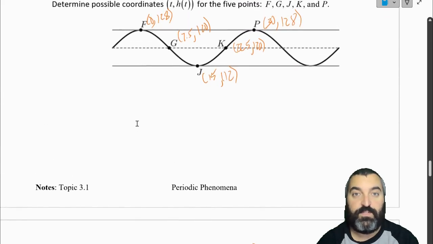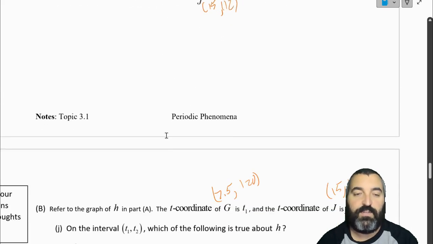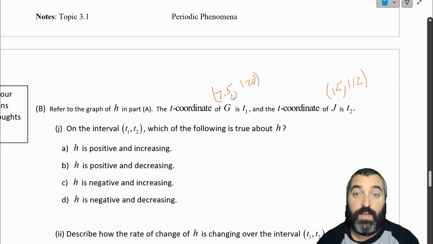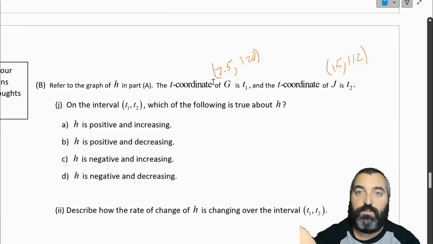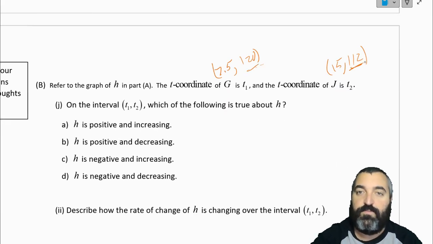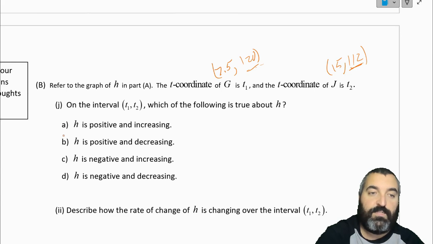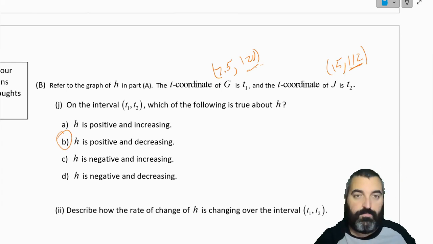And it stayed positive, right? This never went to the negatives. And then, is this increasing or decreasing? Well, just look at the graph or look at these numbers, right? So 120 to 112, that is decreasing. So your answer is B.